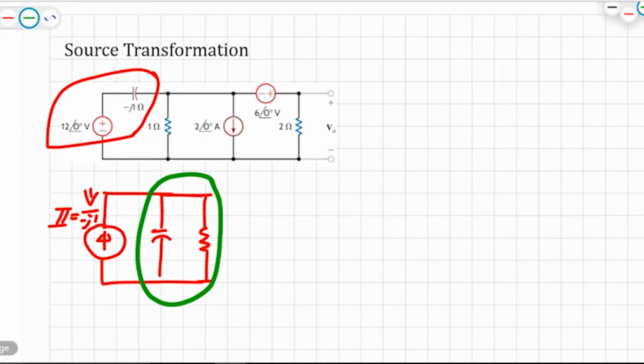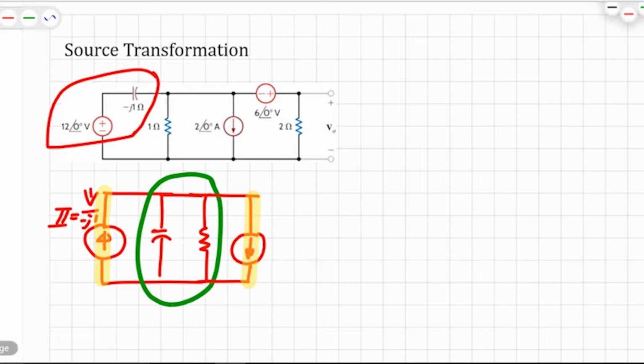Now once we do that, let's keep on going, we notice here this actually is in parallel with a current source. So this current source and this current source are in parallel, and they can also be combined.